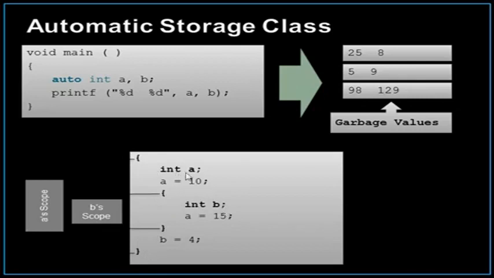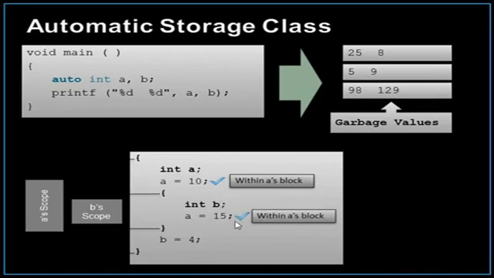Now this operation a equals 10 is successful because this statement is within a's scope, within a's block. The statement a equals 15 is also successful because it is also within a's block.